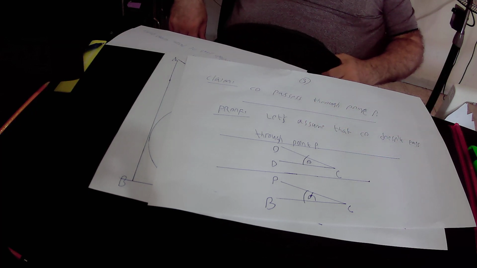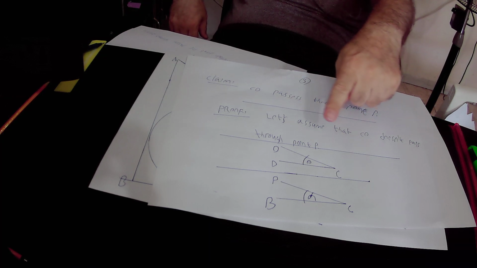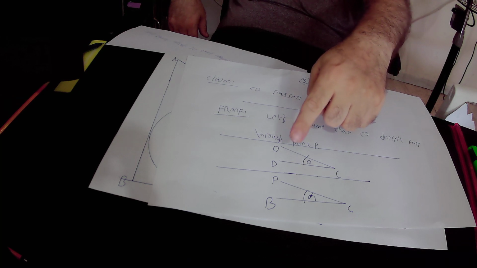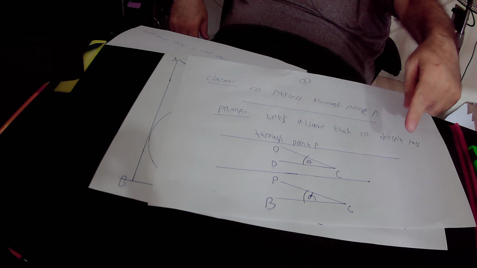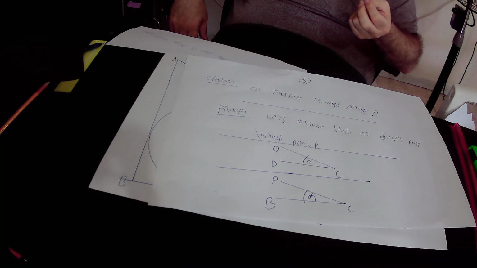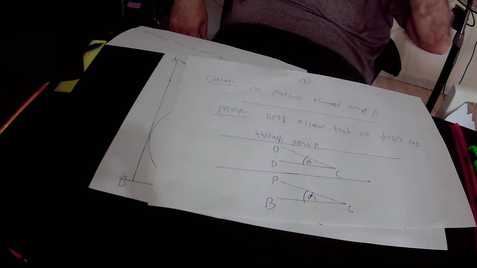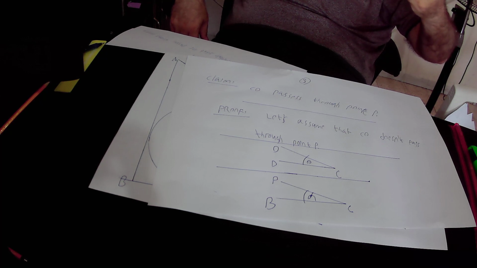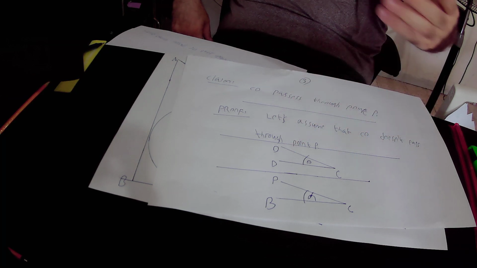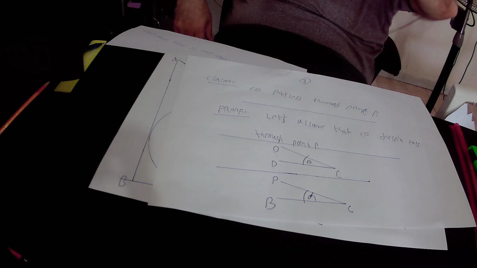But because OC doesn't pass through point P, that is to say C, O, and P are not located on the same straight line, therefore CO and CP are two different straight lines.